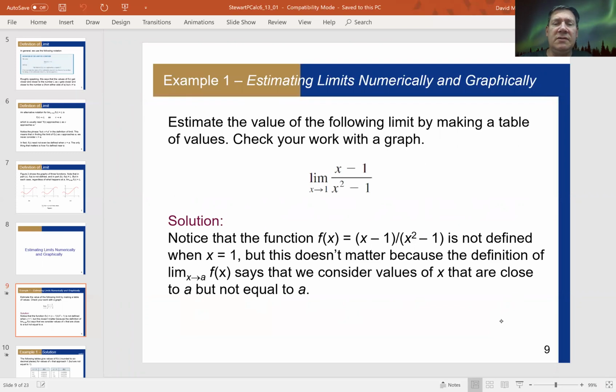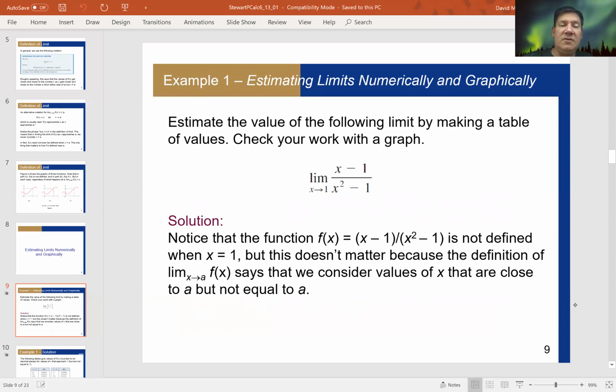Now here's a good moment to stop and say, don't just substitute, okay? The limit as x approaches 1 of this function: if we substitute 1 in place of x, 1 squared is 1, 1 minus 1 is 0, we get 0 over 0. That's undefined. Crazy things happen when you divide by 0, so let's not do that.